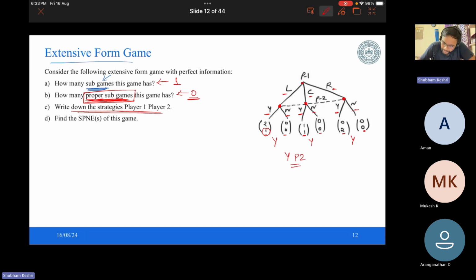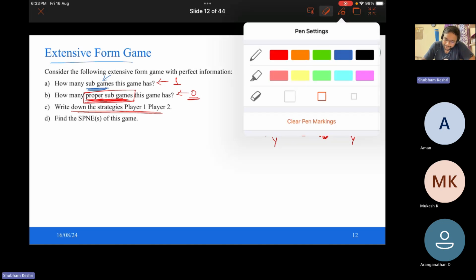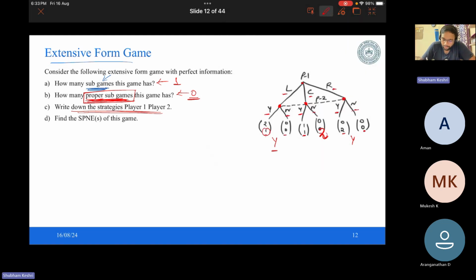Suppose this utility for player 2 was not 0 and 2. What will happen in that case? In that case, player 2 will play Y at this node, but at this node, player 2 will play N. Is this correct? If this utility was 2. Yeah, but it doesn't know at which node he is.